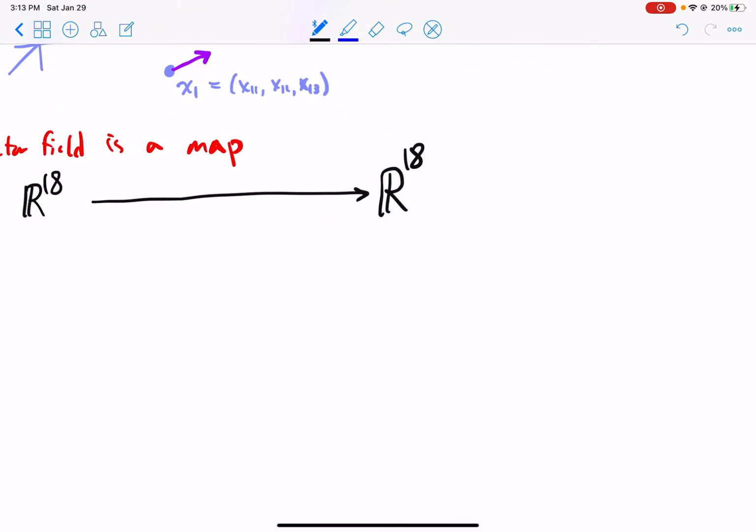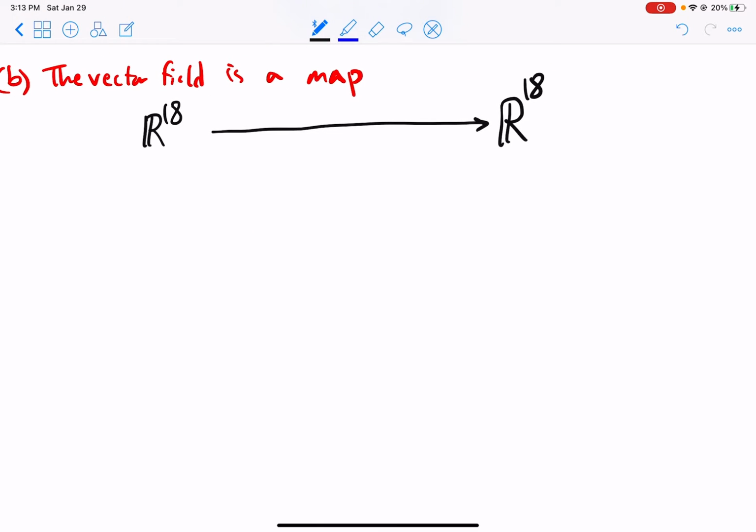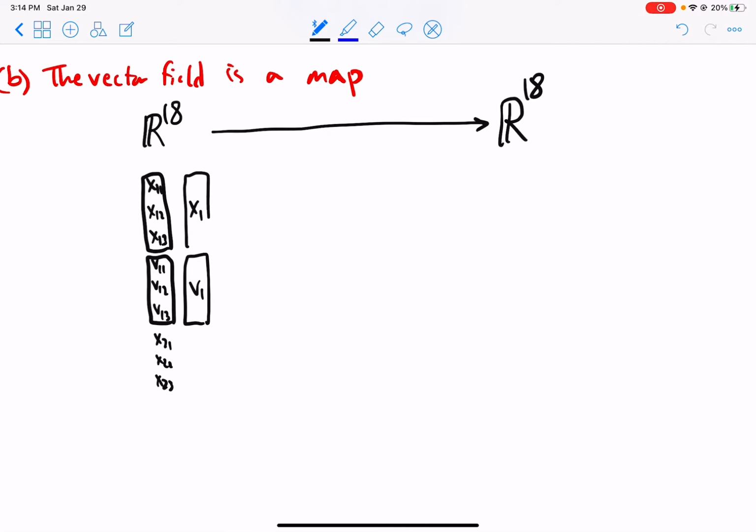Okay, so what is the formula? I could say x11, x12, x13, v11, v12, v13, x21, x22, x23, but I'm not going to. Instead, I'm just going to call this x1, this v1, and this is now going to be called x2 because I'm going to hide detail.